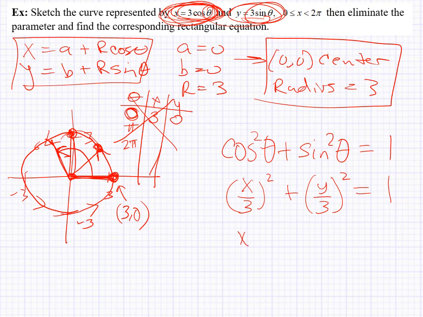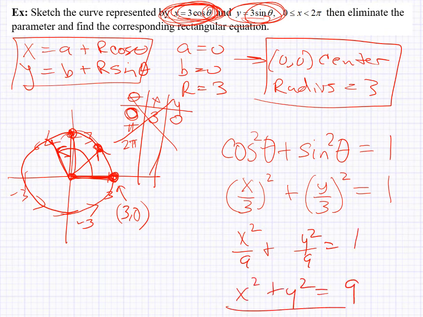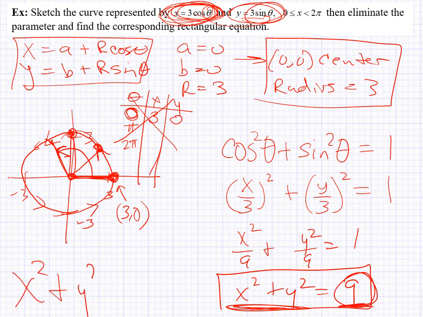I could write this as x squared over 9 plus y squared over 9 equals 1, or I could write this as x squared plus y squared equals 9. You should look at this as your standard equation that you've had for circles in rectangular form since algebra. And this would say, oh, it's a circle centered at 0, 0 with radius 3. Remember, this is always r squared. We have the standard x squared plus y squared equals r squared equation that we've used multiple times throughout algebra when it came to circles.